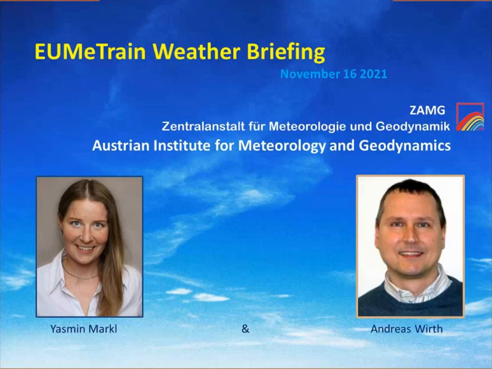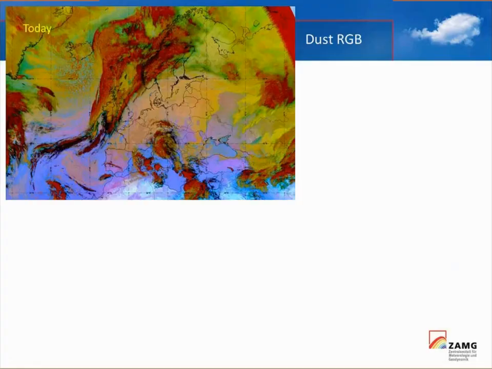Okay, I would like to start this briefing with a quick look at today's dust RGB from this morning, because I think one feature is very representative for the last days, namely the yellow color.